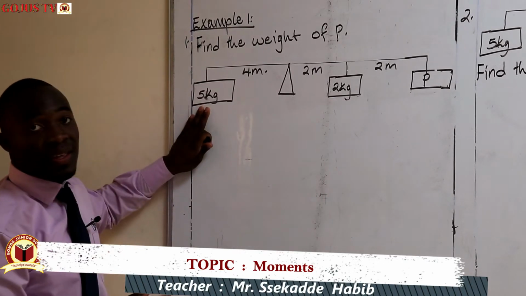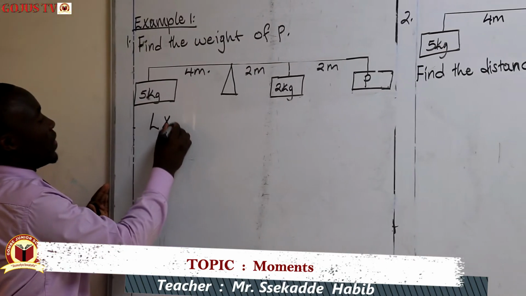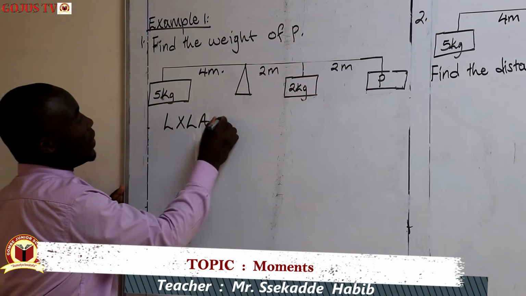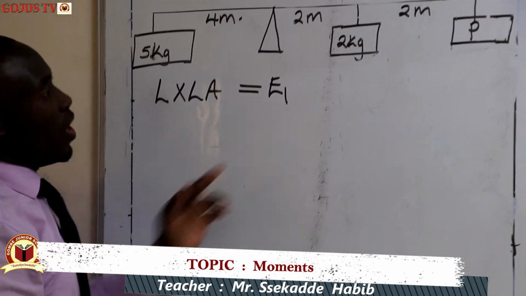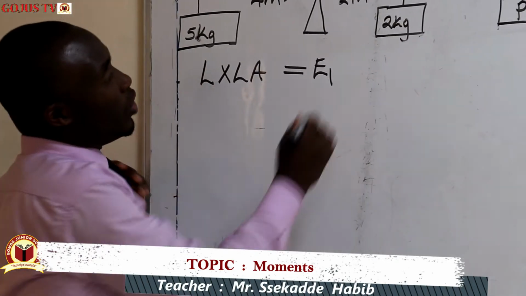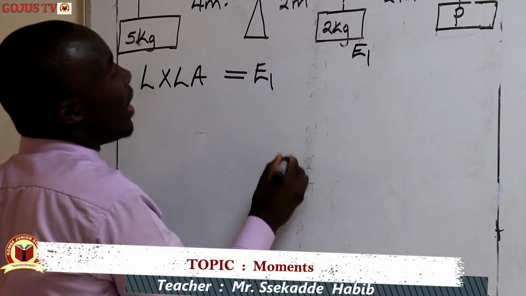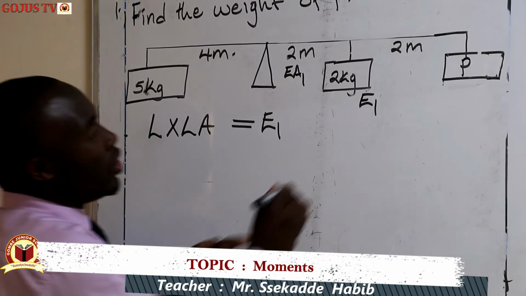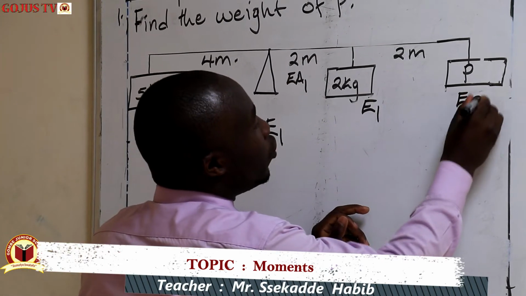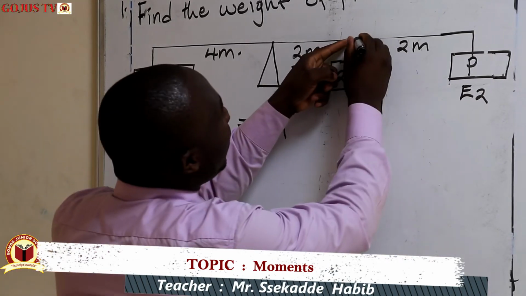but we may refer to this one as the load, and we say load times load arm is equal to effort 1, because we have two efforts here. So we shall call the first one from the pivot effort 1, and then this will be effort arm 1. Then we shall call this one effort 2, and then effort arm 2 should not be this.